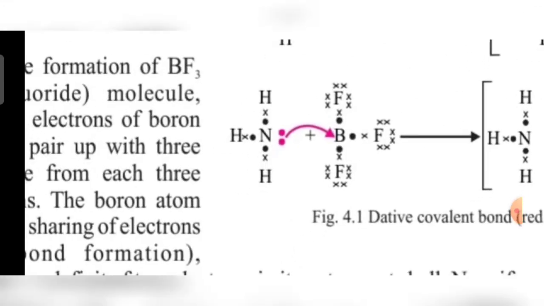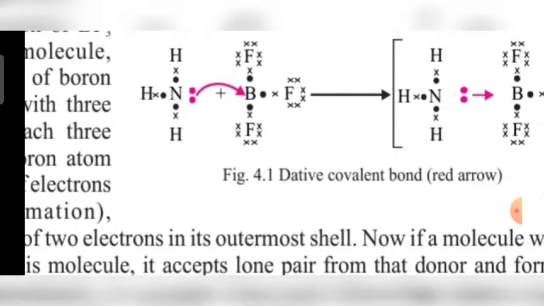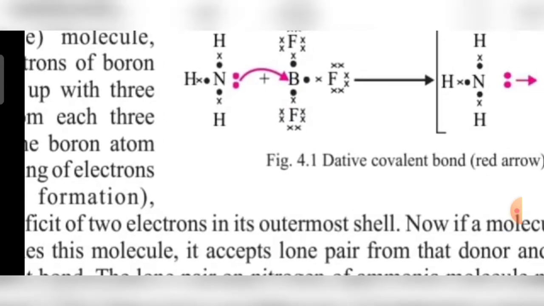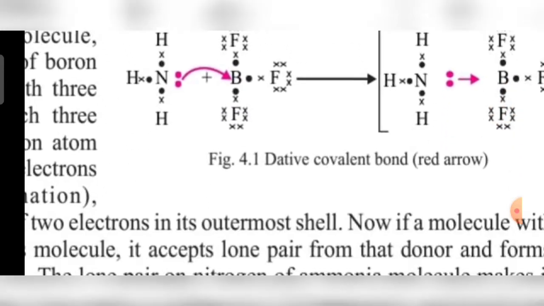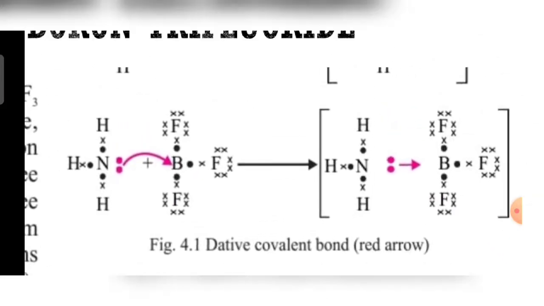And here is the explanation of this bond formation, which I have already explained. There are 2 conditions for this bond formation. First, one atom should have an extra lone pair, and the other atom should be electron deficient.